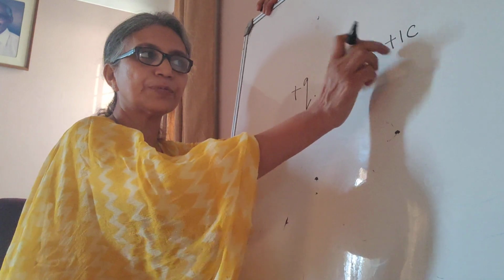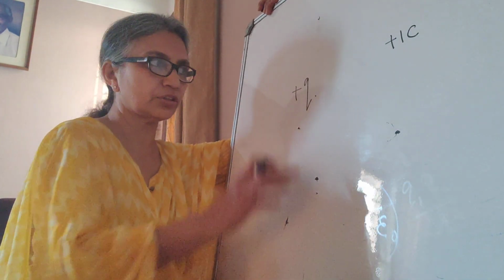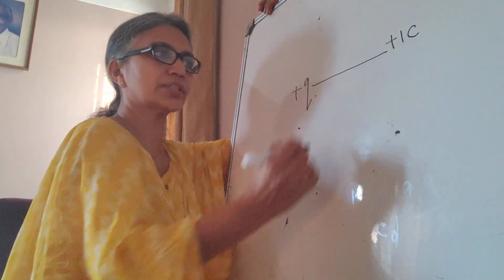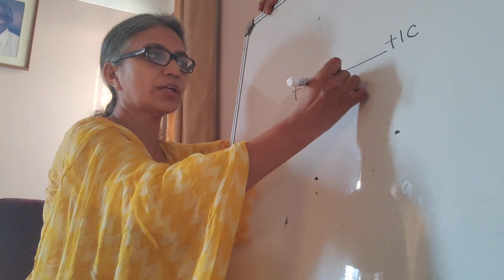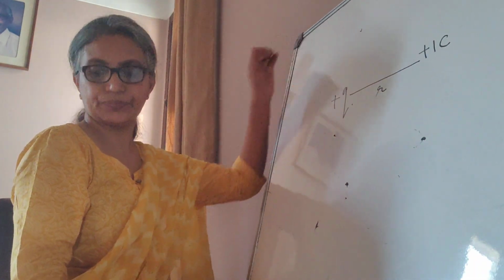We know that the force experienced by this unit positive charge is what we call the electric field due to the source charge Q, and its magnitude is given by the formula 1 by 4 pi epsilon 0 Q by R square.